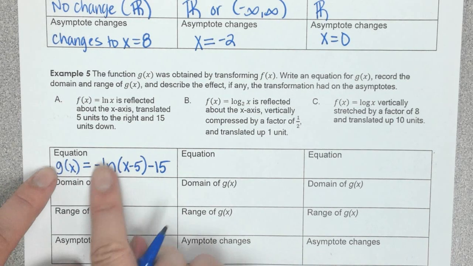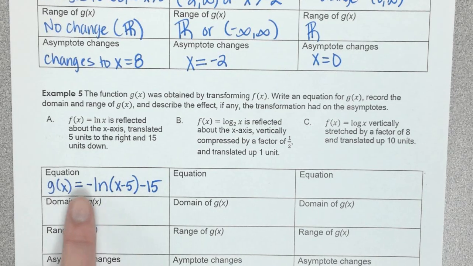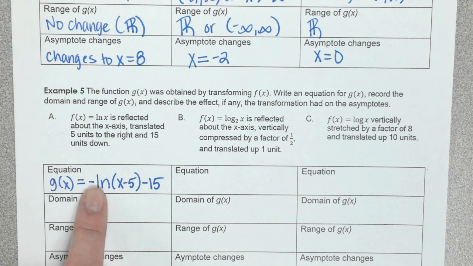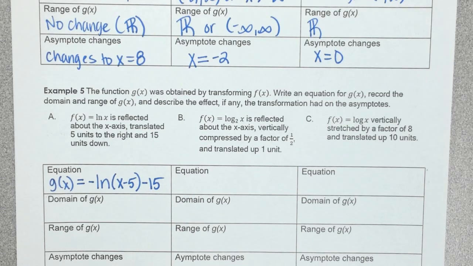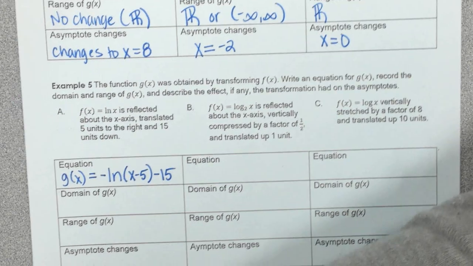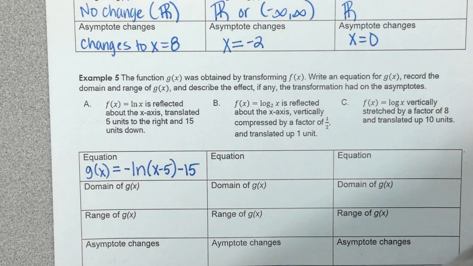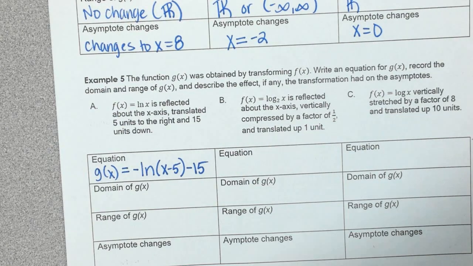I'm actually going to graph this one in just a second. Actually, let me do this, because you might be wondering, well, how does the negative play into this? Let me put that on here real quick. Y equals ln x, and this one's going to be negative ln x minus 5 minus 15.